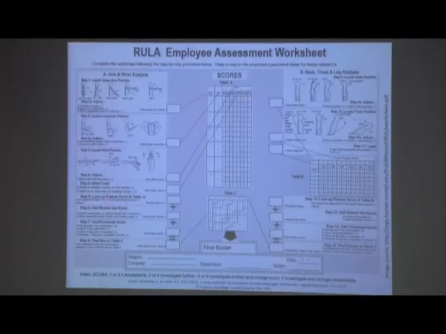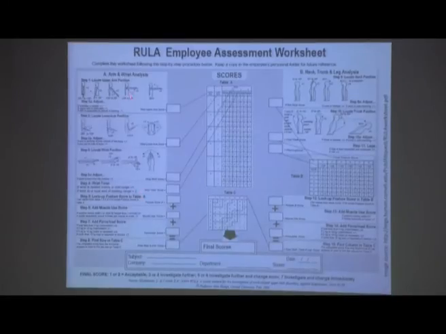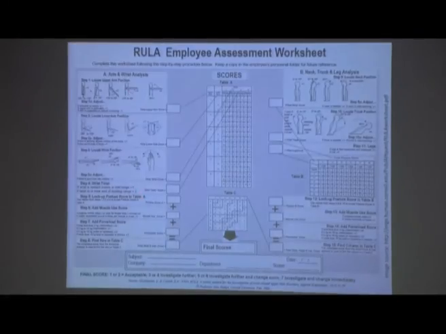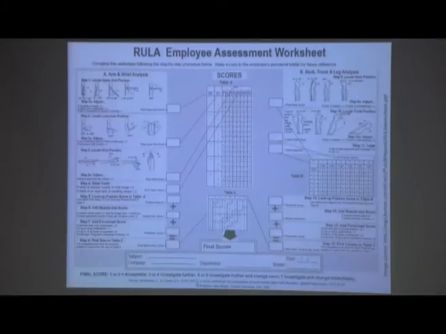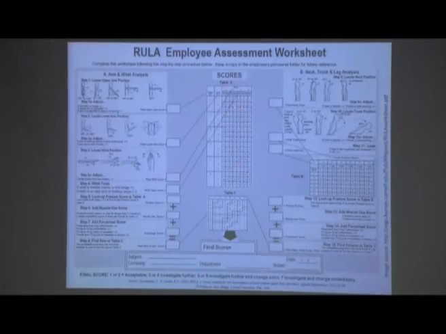Then step 5, look up the posture score in table A. After giving scores for all these body segments, upper arm, lower arm and wrist twist, based on this criteria we put the scores on table A, and from that table we calculate the grand score for table A. Then from table A, we add the muscle use score for the upper body, arm and lower arm.